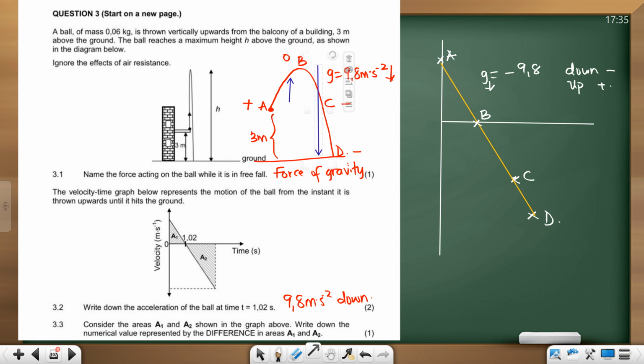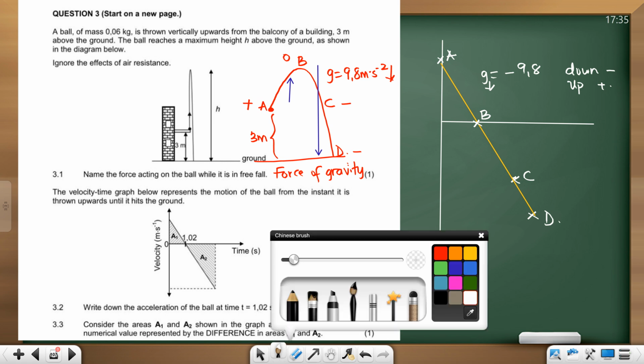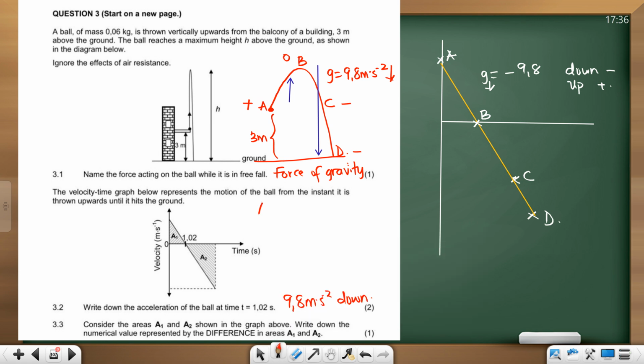Okay, guys, consider the areas A1. Please take note, this is a very important point. The area of a velocity time graph is equal to displacement. And the gradient of a velocity time graph is acceleration.